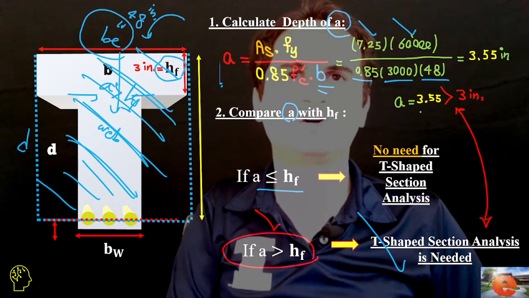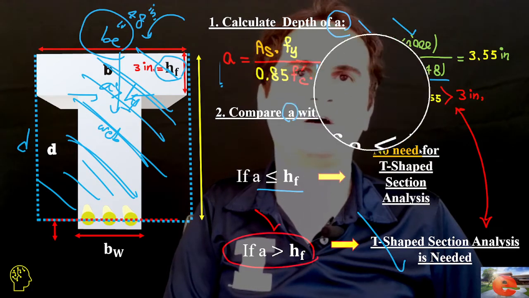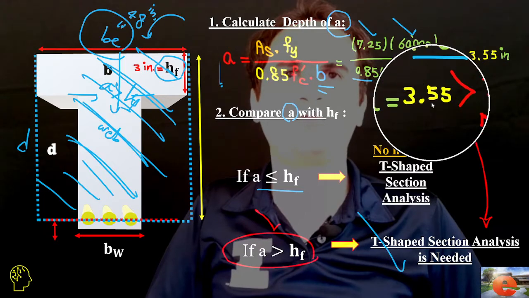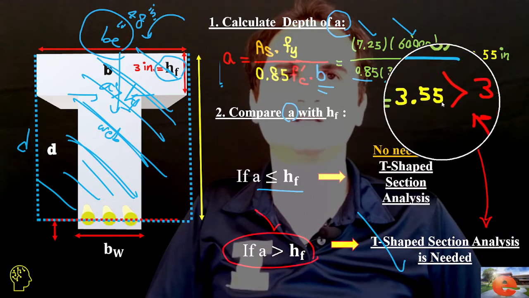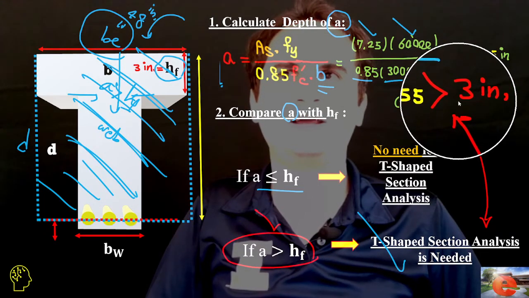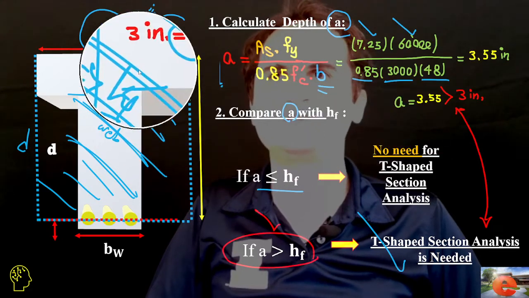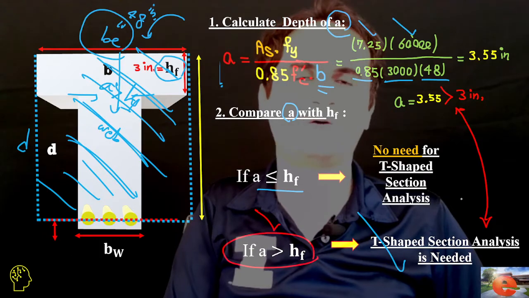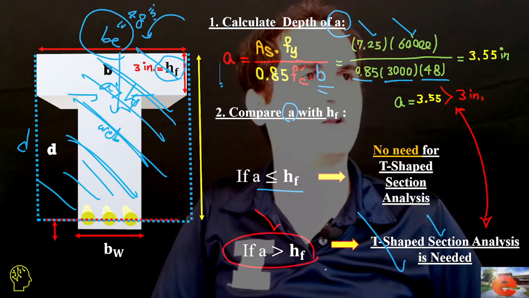It gives us a height of equivalent block A equal to 3.55 inches, and that's definitely higher than the height of flange, which is 3 inches. You can see here easily. So it means our section needs a T-shape analysis.